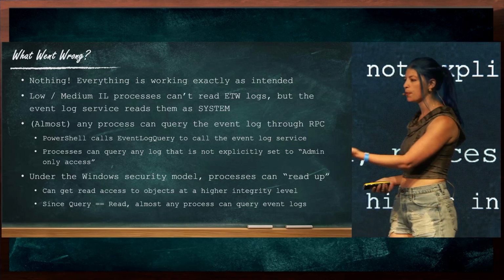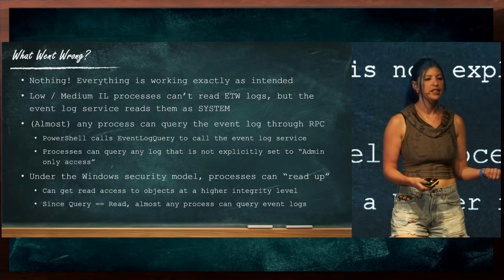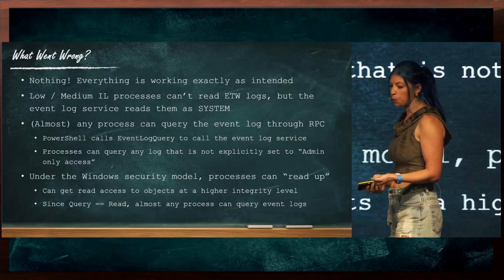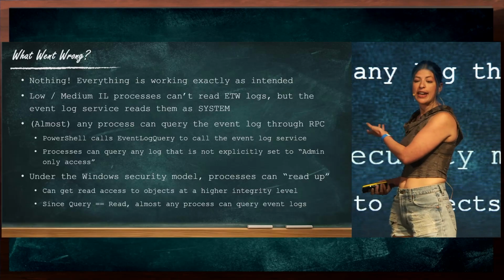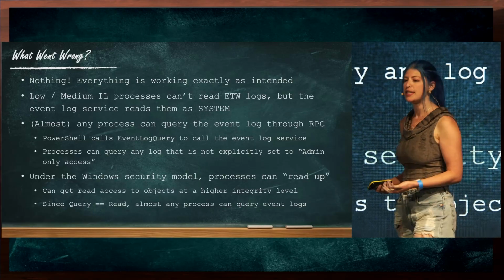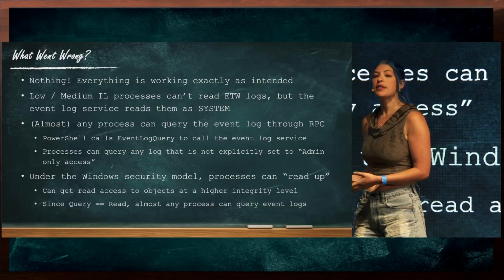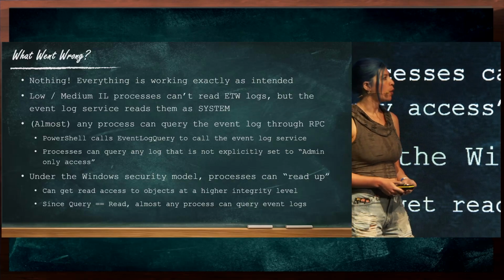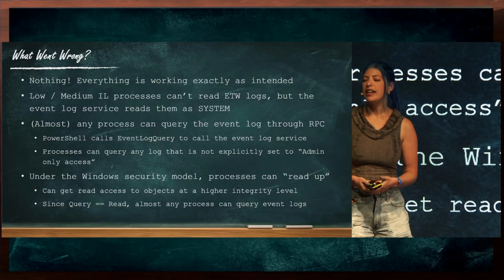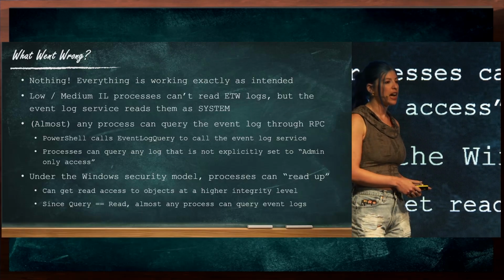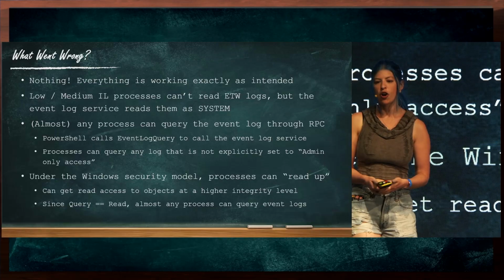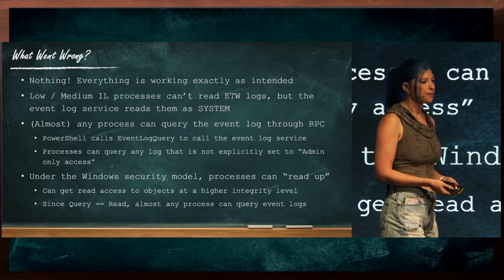You're not allowed to read from a higher integrity level process, but you are allowed to read from an ALPC port, in this case, an RPC port. So if you can query that, you can open this RPC port. You can query any event log that is not a dedicated admin event log, and you can get kernel pointers.